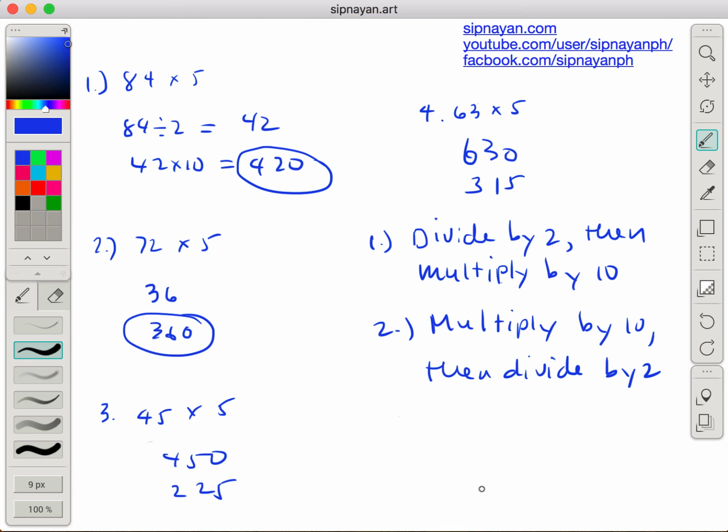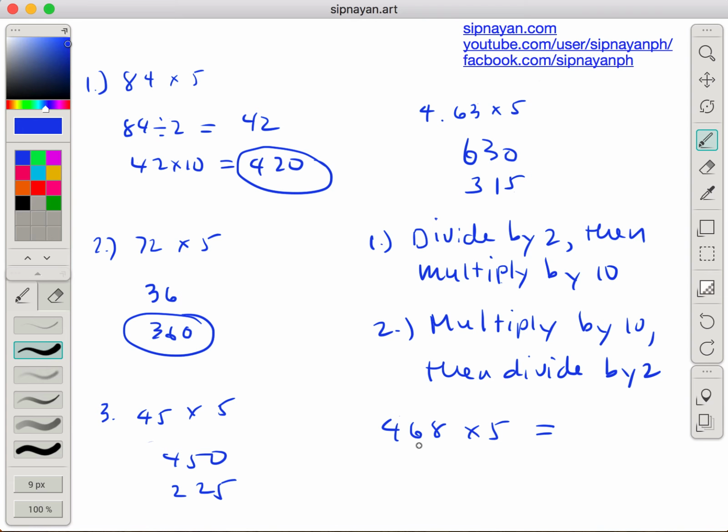Okay? Actually, itong method na to, pwede natin siyang extend sa more number of digits, no? As long as kaya nyo computin mentally. For example, 468 times 5. Alin na mas madali? Times 10 o divide 2 muna? Divide by 2 muna.